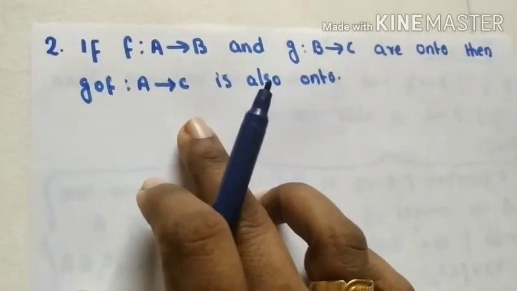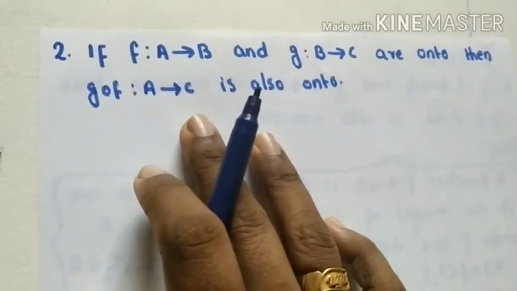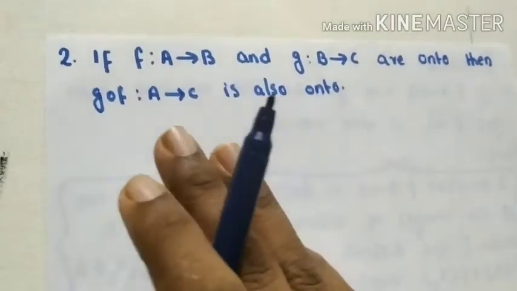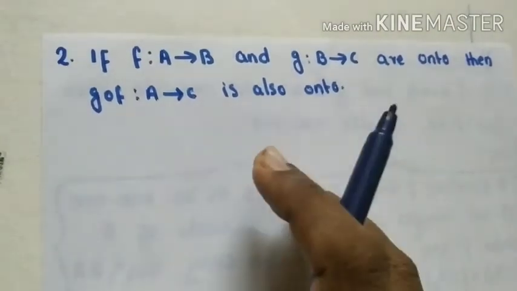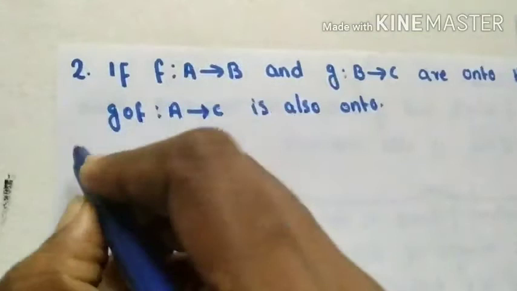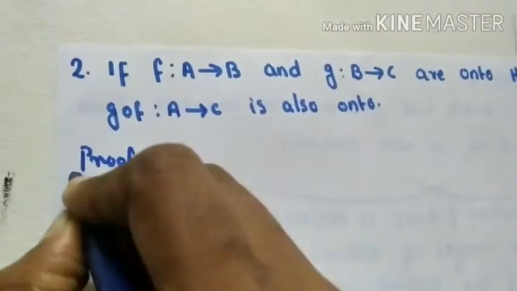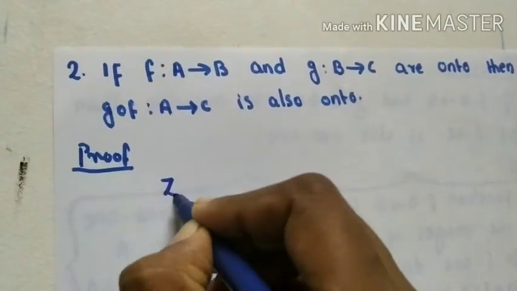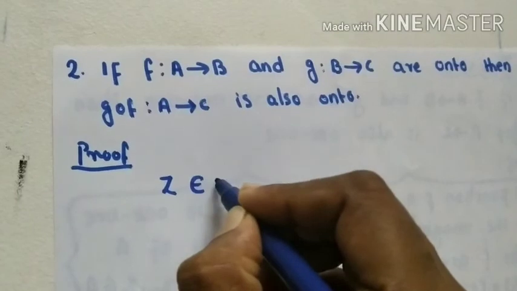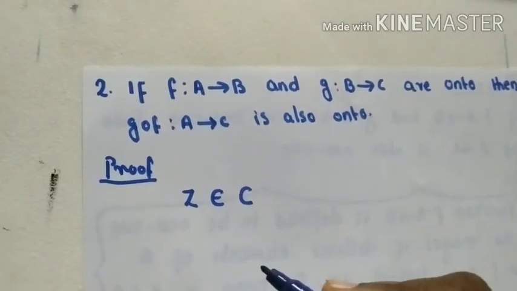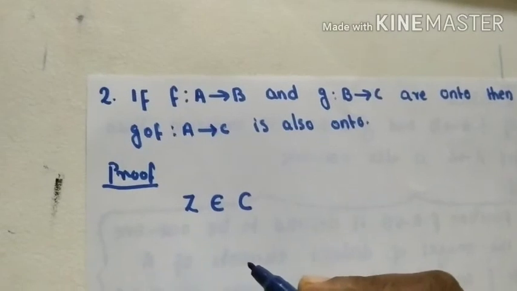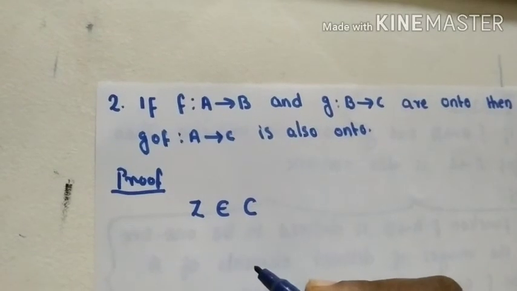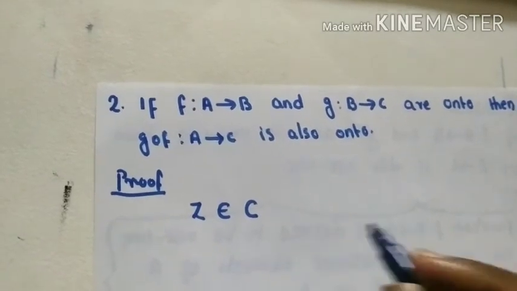Our second theorem states that if f is a function from A to B and g is a function from B to C, both onto, then the function g of f from A to C is also onto. So let's start our proof section. Let us consider an arbitrary element z, which is an element of set C. Since g is onto, there exists a pre-image of z under the function g such that g of y equal to z.